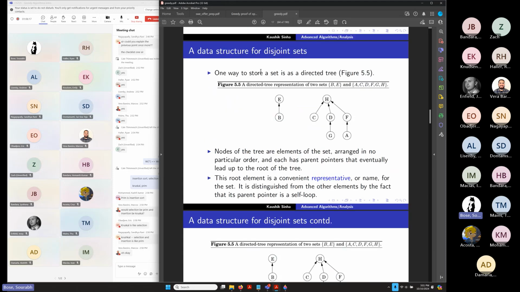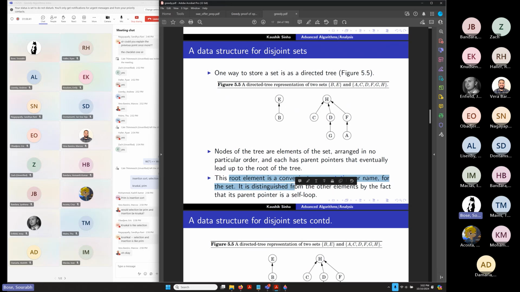One way to store a set is as a directed tree. For example, these two trees represent two sets. One is B, E and one is the set A, C, D, F, G, H. Now, how do we use this as a set? Well, the root element is going to be the representative of your set.